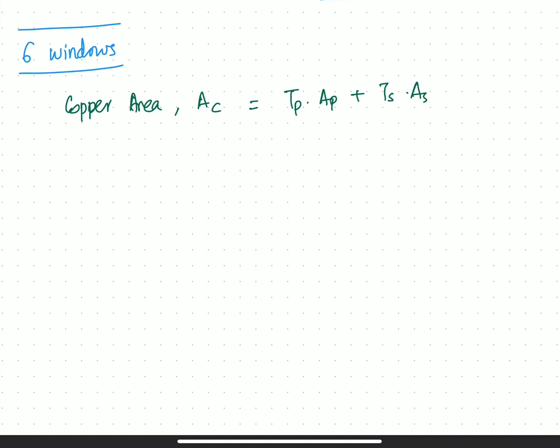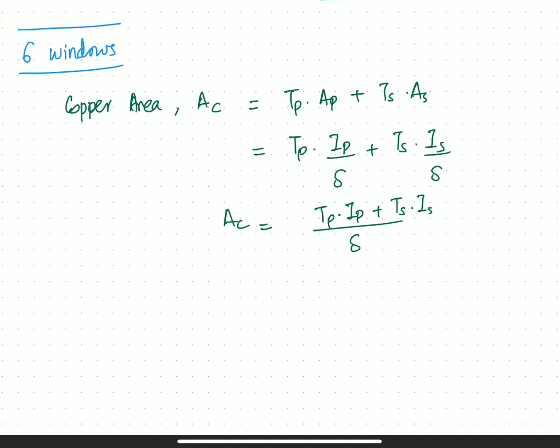And we follow the same steps which we followed in the derivation for the single-phase and the three-phase core cases. So we will write this as TP IP over delta plus TS IS over delta, which is equal to TP IP plus TS IS over delta.